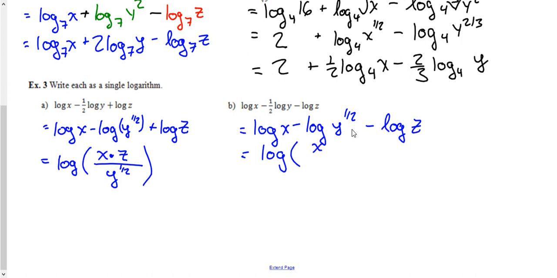We have that subtraction right away, so that means division. That's a y to the 1/2. And again, another subtraction, so that's z in your denominator as well. You could have done log x minus log z first, which would have forced z to be in the denominator, and then subtracted log y to the 1/2, which would also be in the denominator. Both are always down there together.